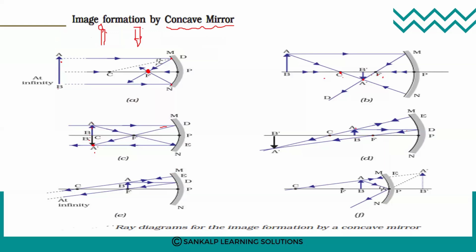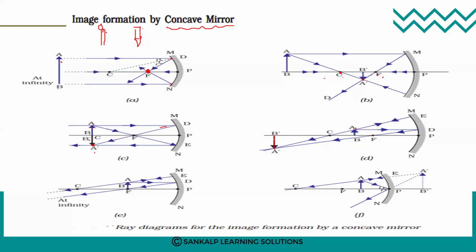One ray is coming like this and another ray goes through the center of curvature, and it passes like this. Now one ray is parallel to the principal axis. After reflection it passes through the principal focus F, right? And this ray is passing through the center of curvature, and these two lines will meet at this point.